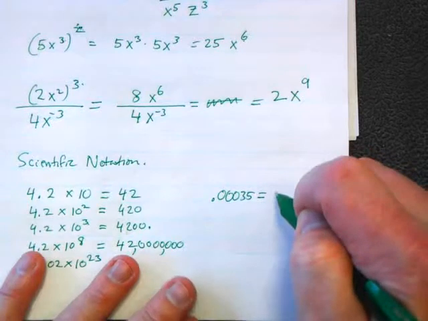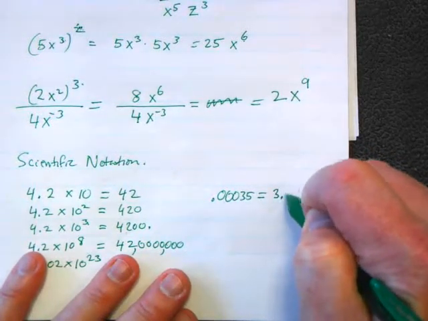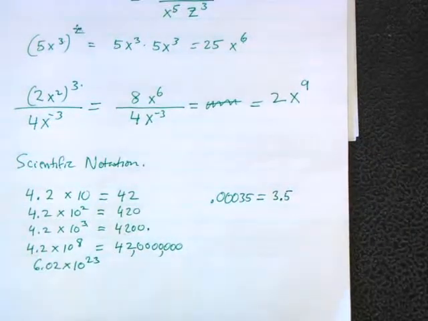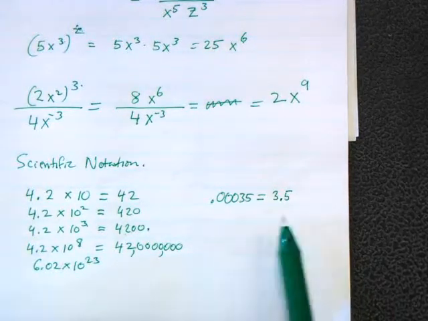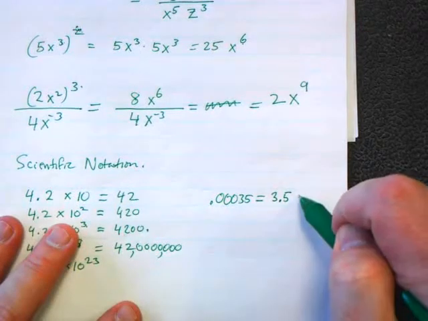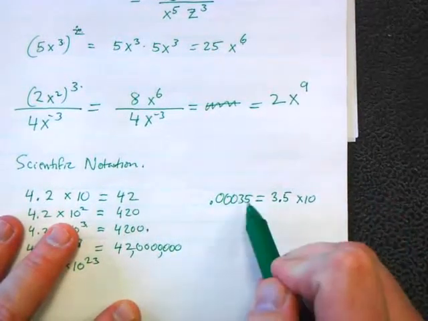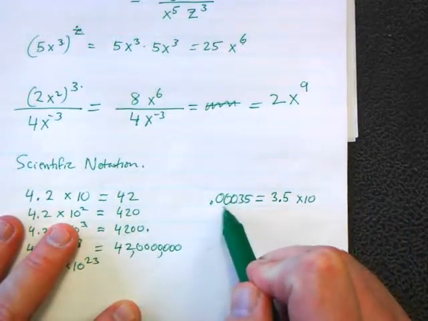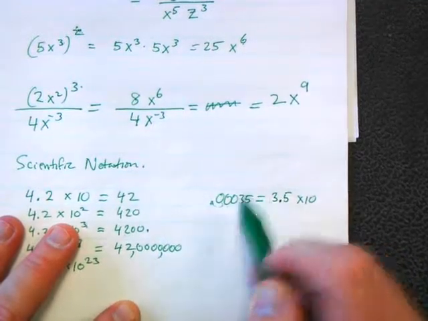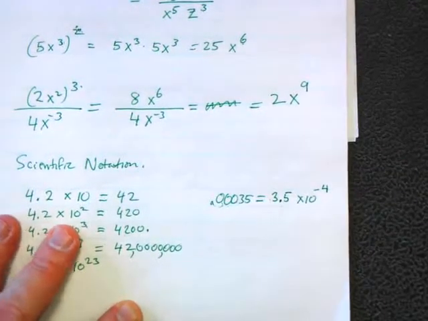For scientific notation, this first number has to be between 1 and 10. So we would write it as 3.5. He said write it as 0.35. Not wrong. He didn't give me a wrong answer, but it wouldn't quite be scientific notation. So we would write 3.5 times 10 to the -4, because I'd have to take the decimal and move it 4 places to the left.